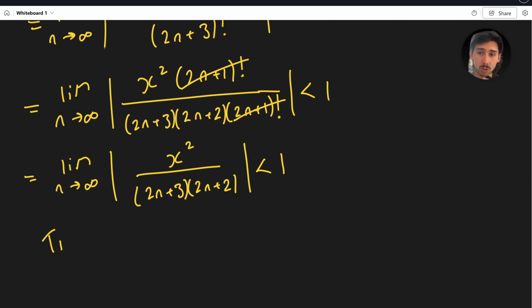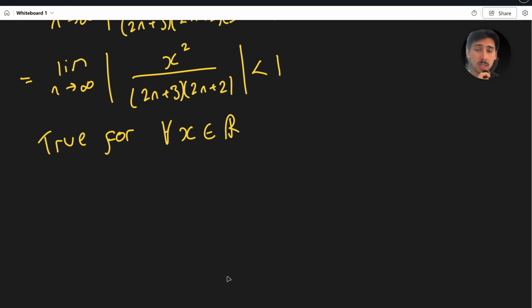So this is true, as in the last video, for all values of x in the real numbers. But I have to emphasize that this is also true for complex numbers as well, imaginary and complex numbers. So what can we say about the radius of convergence and the interval of convergence?